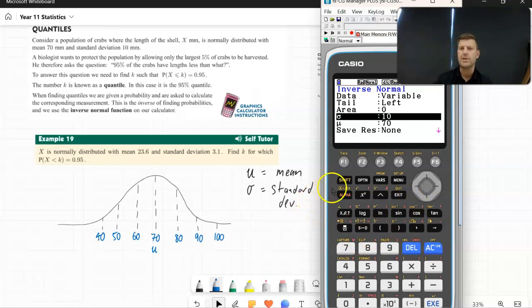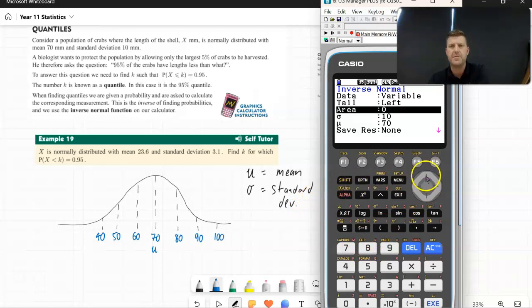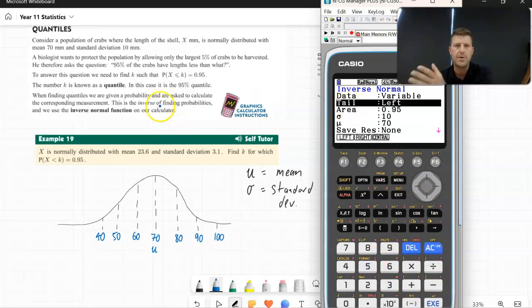Now what we're looking for is an area of 95%, but I'm going to put that in as a decimal, so 0.95. And then I just need to work out whether the tail area here is the left or the right. So because we're looking at 95% of the data is less than or equal to a value, I'm going to be using a tail on the left.